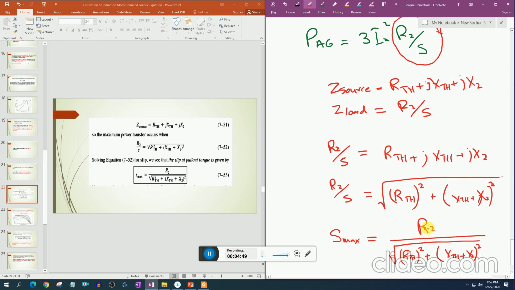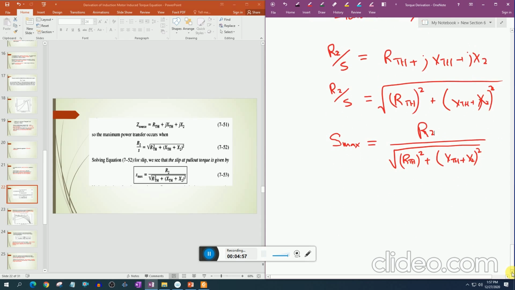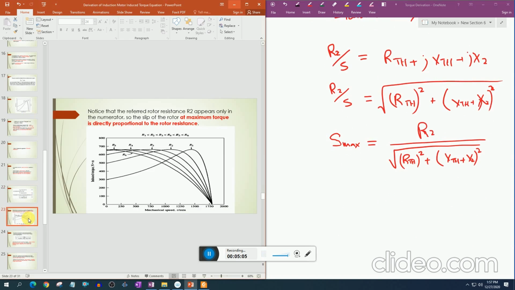So at this slip, the maximum power transfer occurs. From this equation you can note that the referred rotor resistance R2 appears only in the numerator, so the slip of the rotor at maximum torque is directly proportional to the rotor resistance.